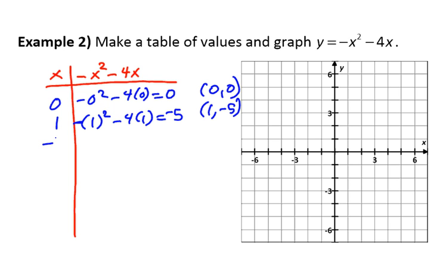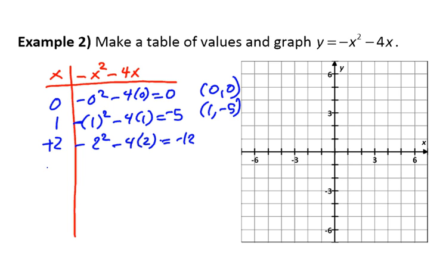So with a negative 2, I'm going to have a negative of 2 squared, which is negative 4, then minus 4. Ooh, I don't know why I put a negative 2 in there. This is really plus. So I get minus 4 times 2, and then that's going to be a negative 4 minus 8, which is going to be negative 12, which is off our chart.